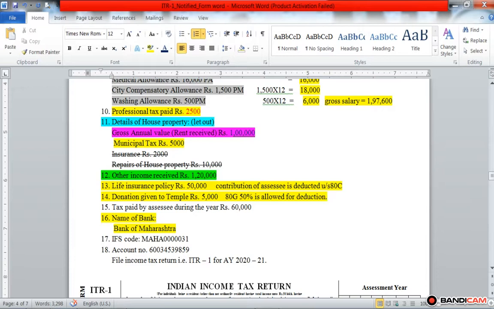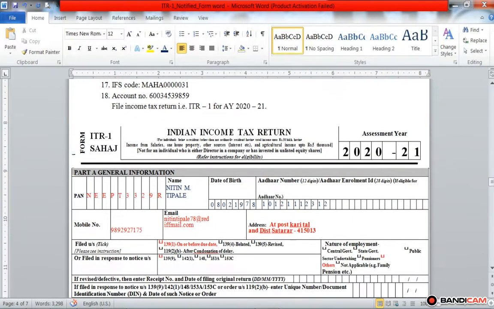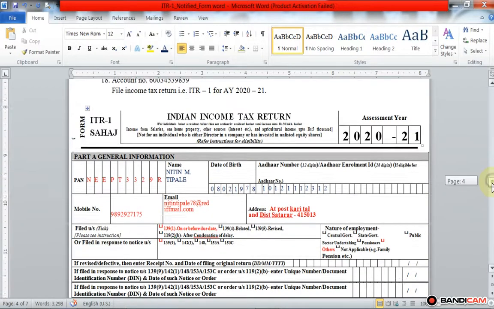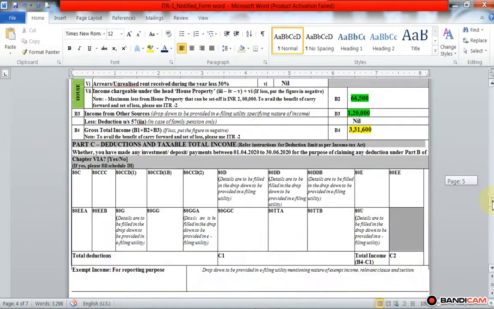So here we get a 50% deduction, that is 5,000 divided by 2. It means 2,500 is deducted from the gross total income. So here we get a deduction under section 80C and 80G.